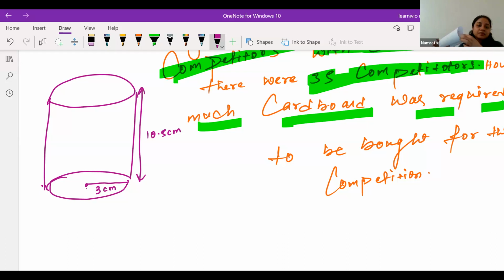This is how the pen holder looks, right? So the curved surface area formula is 2 pi r h, and the bottom area also you have to take into consideration, that is pi r square. It's a circle, a circular lid you are going to paste over here. Getting it? Yes, ma'am. For one pen holder, how much sheet will be needed? 2 pi r h plus pi r square for one pen holder.